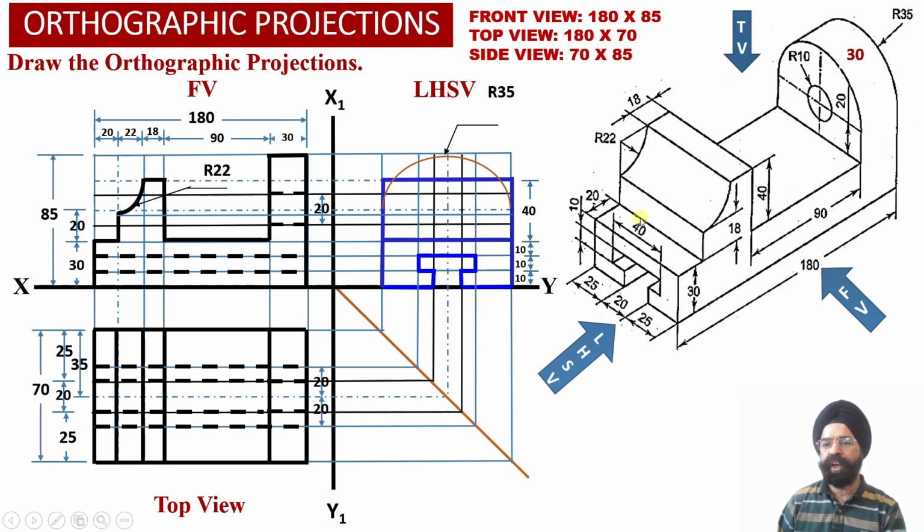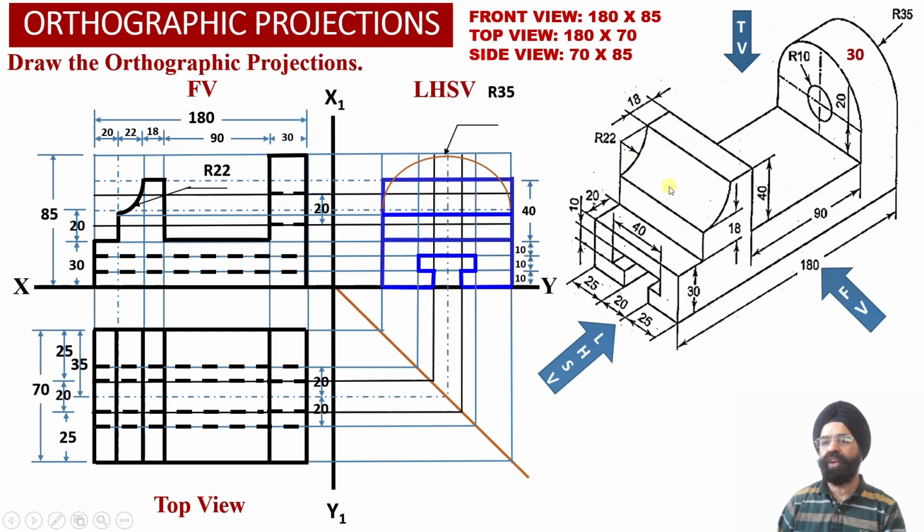Similarly, corresponding to this surface, which happens to be a vertical surface parallel to the profile plane, we will be able to obtain the true shape rectangular projections into the front view projections over here. So these projections over here correspond to the left hand side face of the element number 1. So these projections are also true shape projections over here, and these projections are also true shape projections over here.